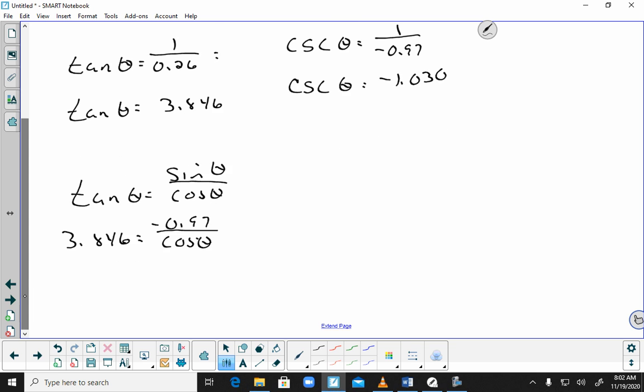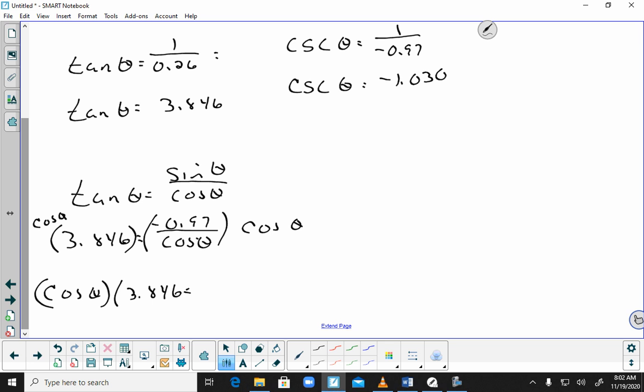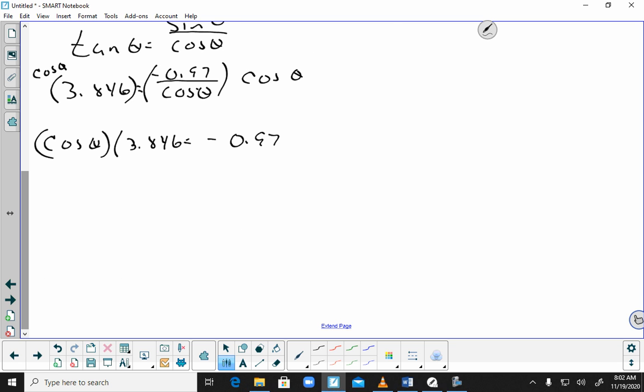So in order to solve this, I'm going to multiply both sides by cosine of theta. So then I have cosine of theta times this 3.846 is equal to negative 0.97. I'm going to divide both sides by that 3.846.